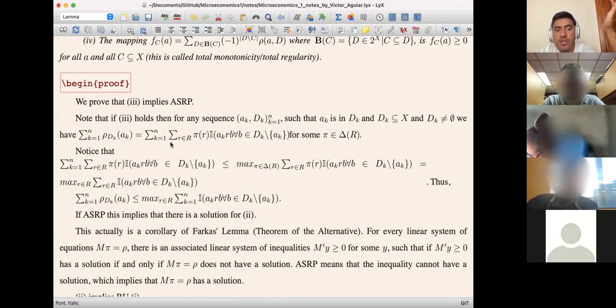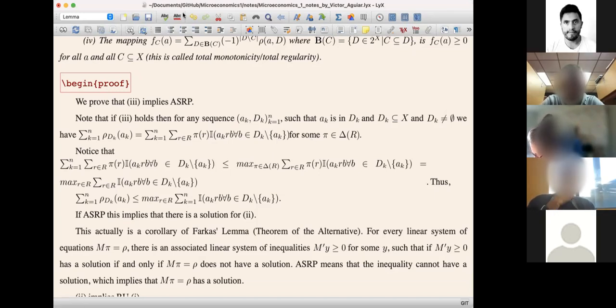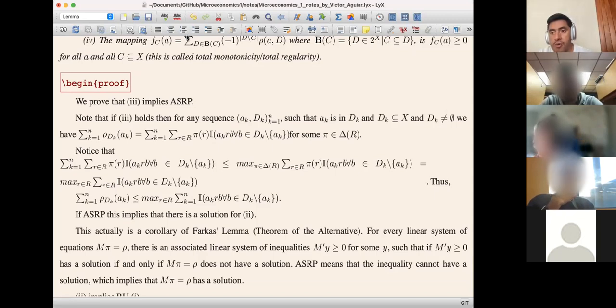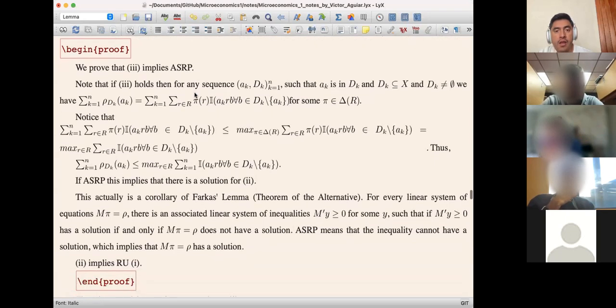This is equal to the double summation from 1 to n of the summation over all preference types inside R, of the event that A_k is the best alternative in the menu D_k. And then this happens with some probability pi, okay? And this probability pi is essentially a measure over all possible rankings, okay?